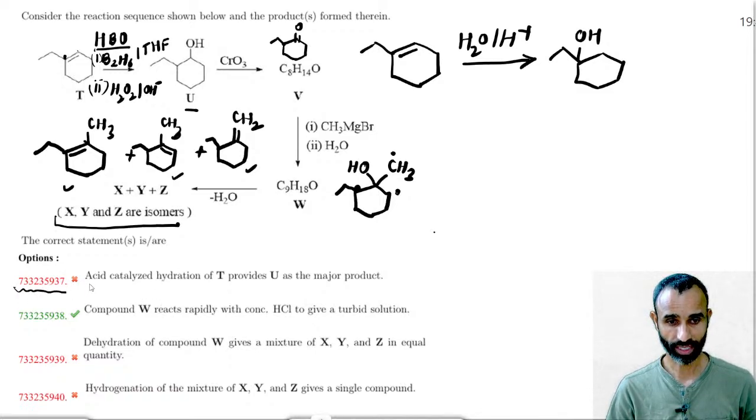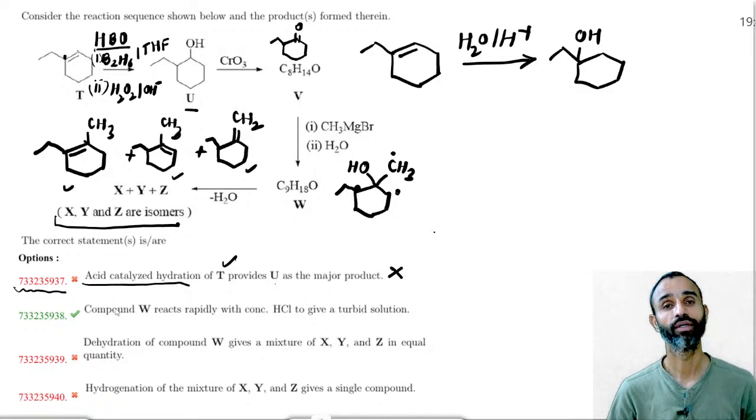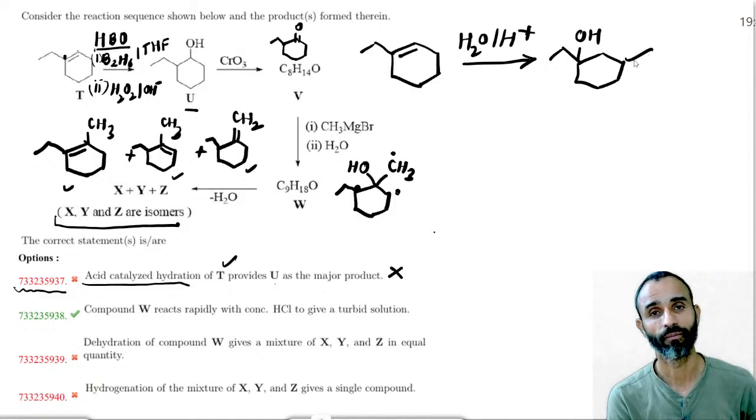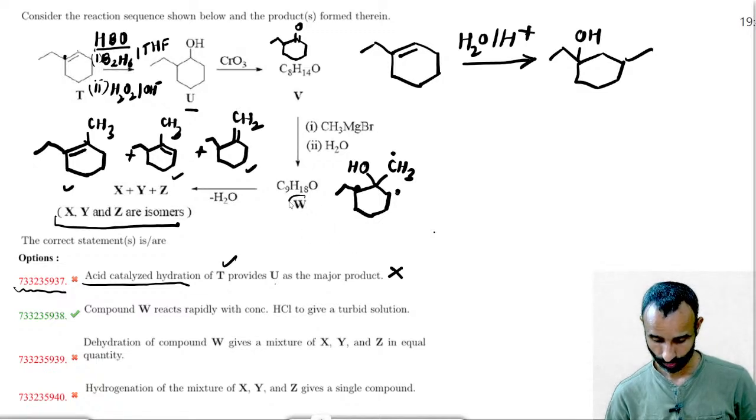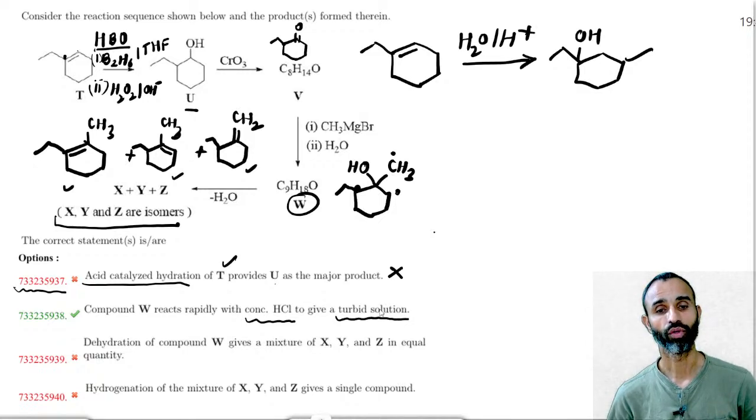So first, acid catalyzed hydration of T provides U. It is wrong because if we do acid catalyzed hydration, we will get this product. Then compound W reacts rapidly with concentrated HCl to give, this is the Lucas reagent test, because obviously it is a tertiary alcohol.